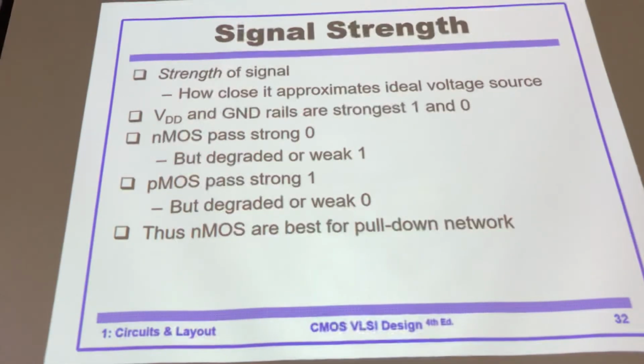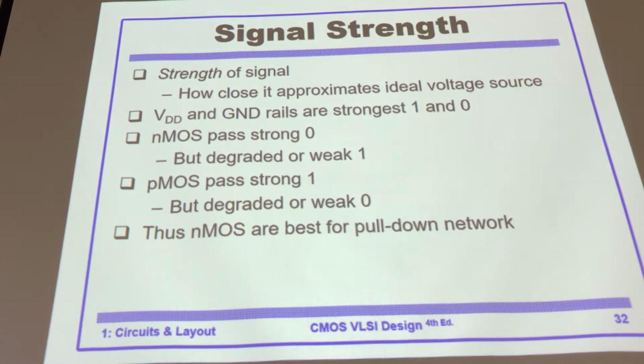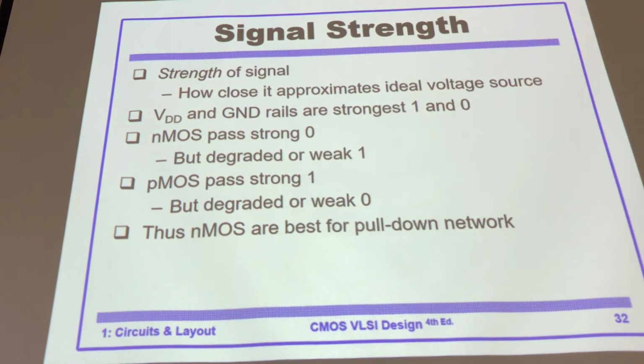Talking about signal strength. Typically, we only consider 0 and 1 for signal, because we are talking about digital logic, only values 0 and 1. Maybe floating, no signal at all. But in reality, in circuit theory, there is some sense of signal strength. When you talk about signal strength, it means how close it is to an ideal voltage source.